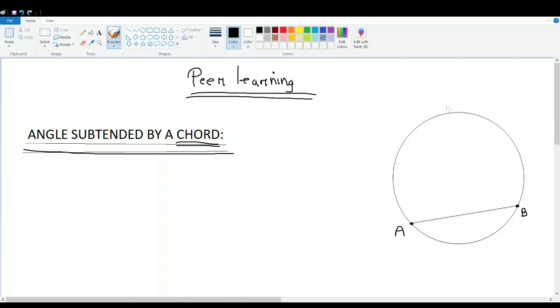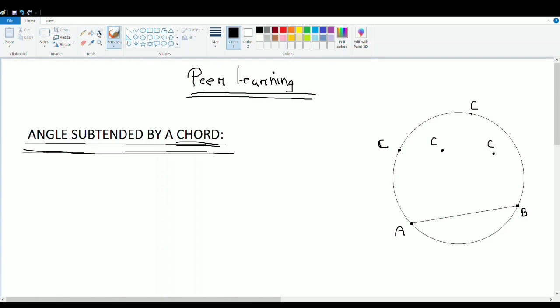So if we just take any random point on the circle or even interior of the circle, like here, and let's say this is C, this is also C, let's say that C keeps on moving from here and there on the circle and in the interior of the circle.